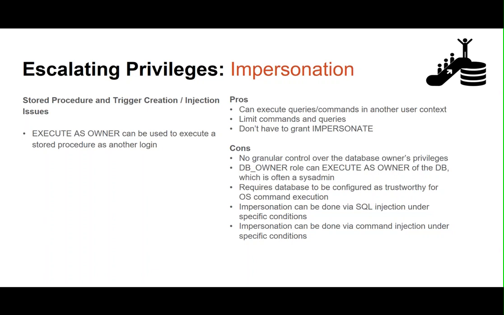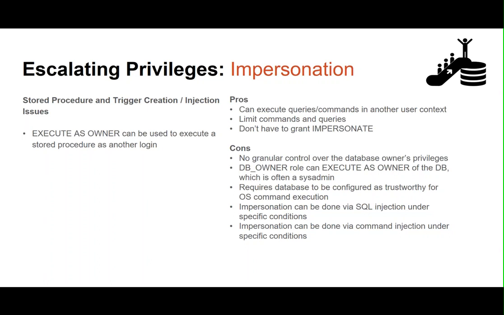But you don't have any granular control over the database owner's privileges. And in many cases, when people deploy applications, the actual SA account or a sysadmin account actually owns the database, and the DB owner role can then use the execute as owner to actually execute in the context of the sysadmin in that case. Also with this, we still have the database being marked as trustworthy as an issue.